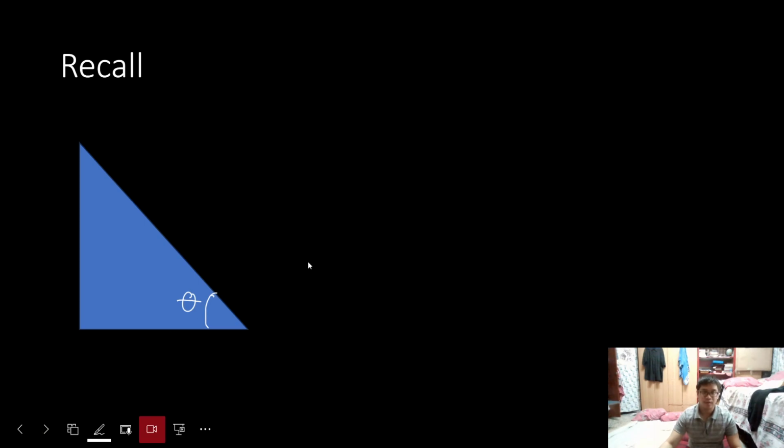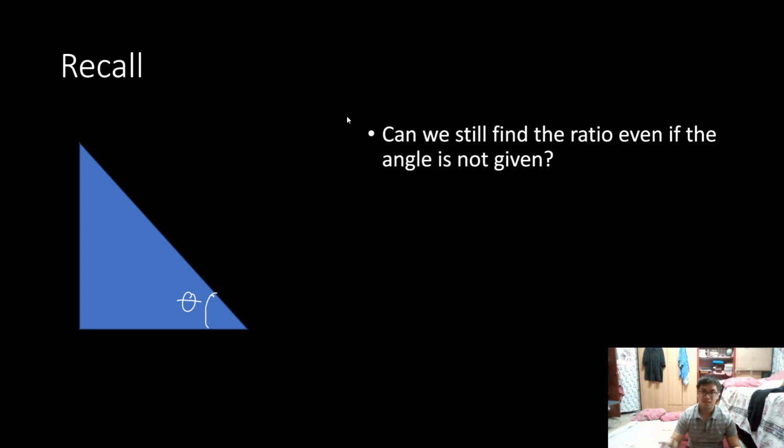So can we still find the ratio of a right triangle when the angle is not given? Can we still find the ratio even if the angle is not given? So that's the first thing we're going to discuss.